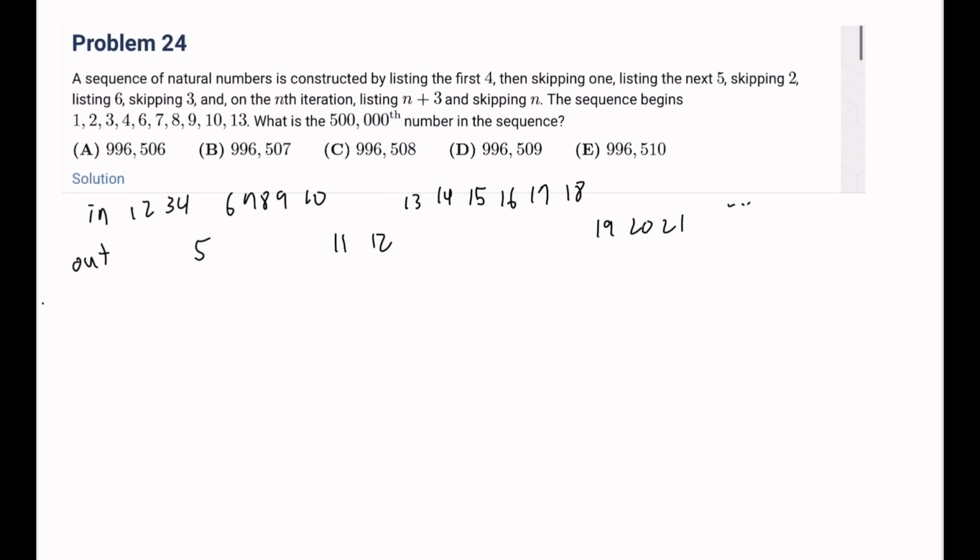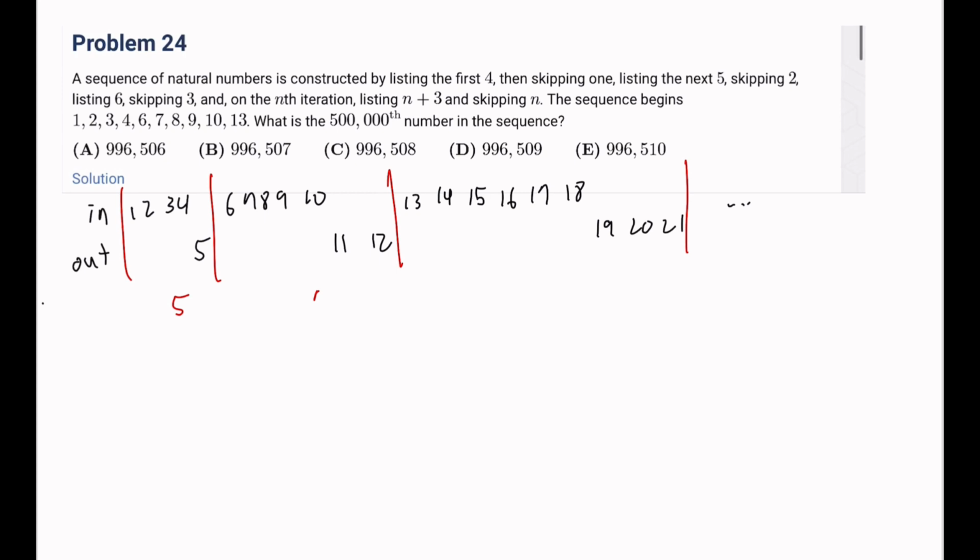And if we think of the whole thing, both in and out parts, then we can divide this into parts of 5 and 7 and 9 and like that, right?